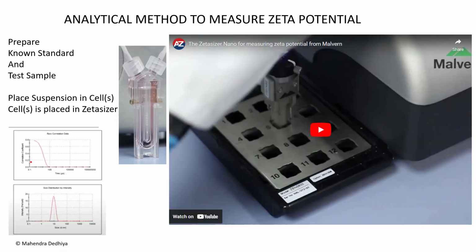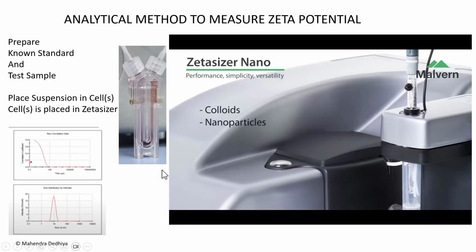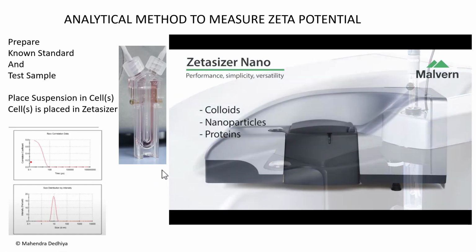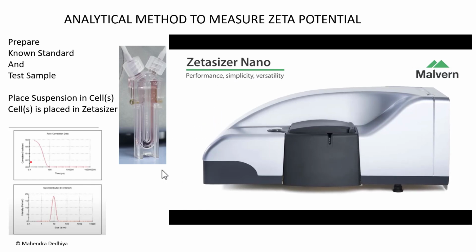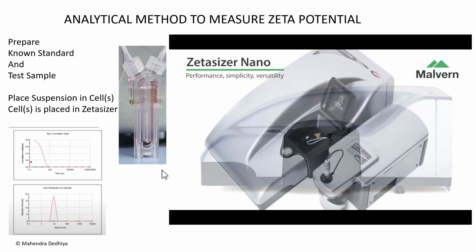To measure zeta potential of the particles, prepare a known sample and a test sample. In the instrument, there's a special cell that is used for measuring suspension. Zeta potential is shown here. Colloids, nanoparticles, proteins, etc., we can measure their zeta potential, and there are many instruments available.